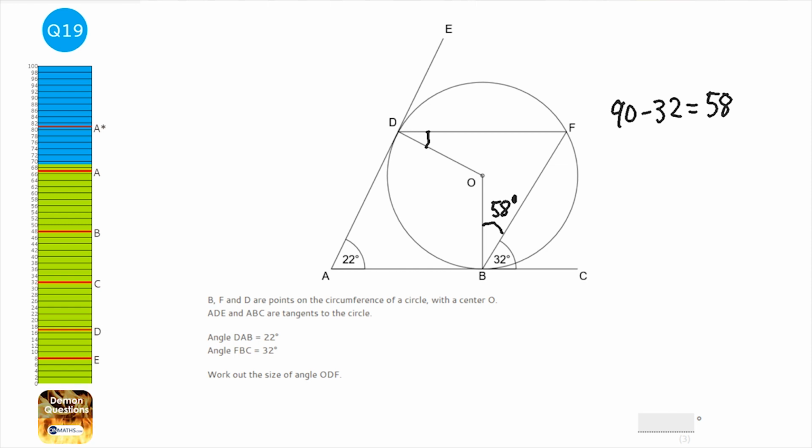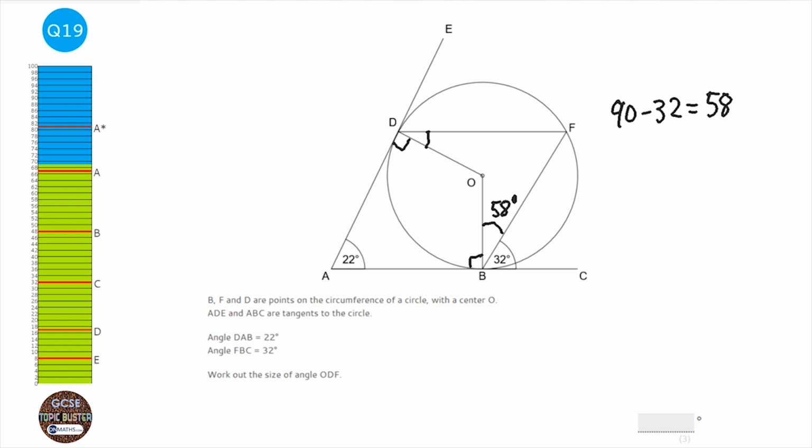Okay, the next one I can work out is this little kite shape here, which has a 90 degree here and a 90 degree here. So I know that all quadrilaterals add up to 360. So I know that 360 take away two lots of 90 is 180.